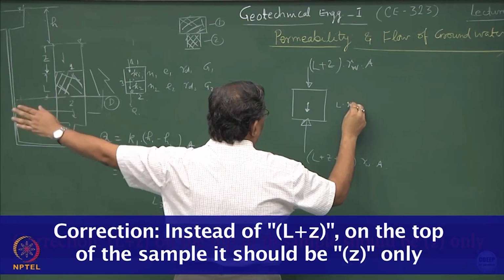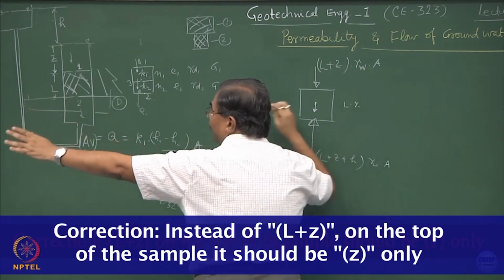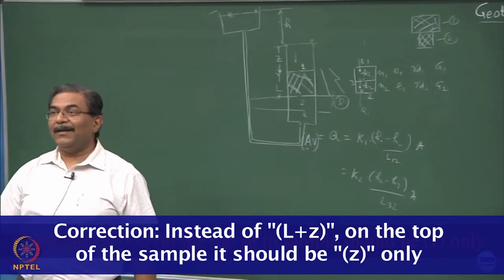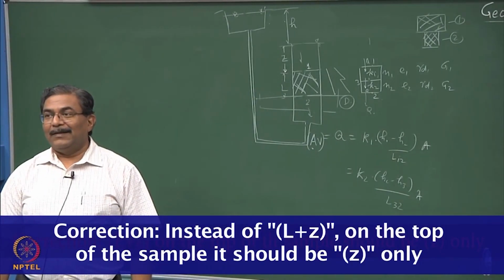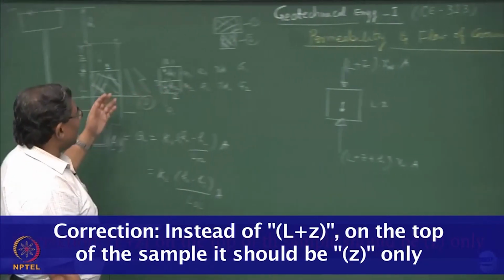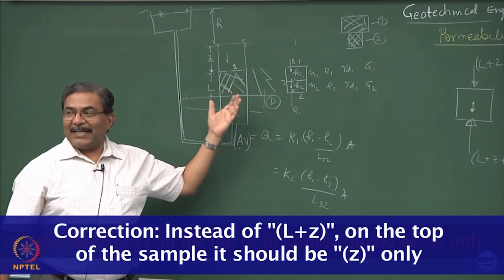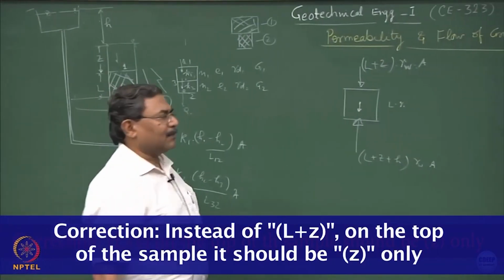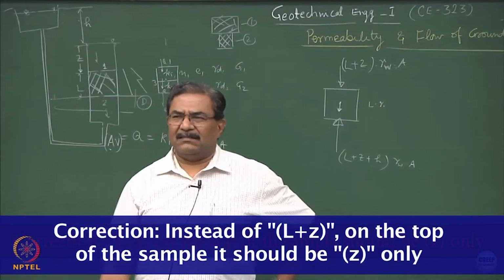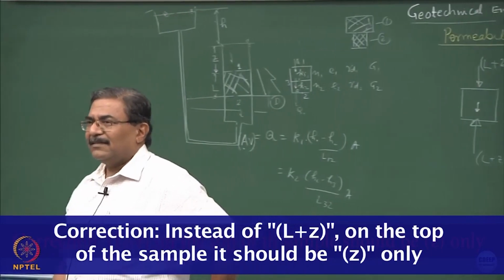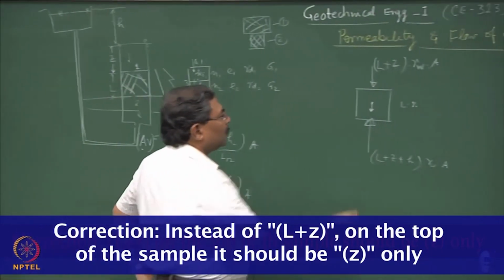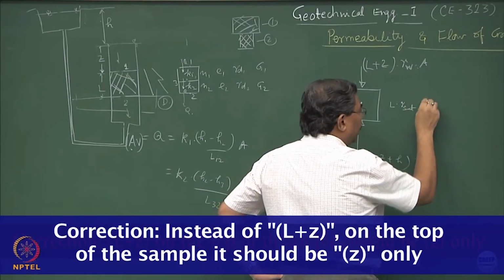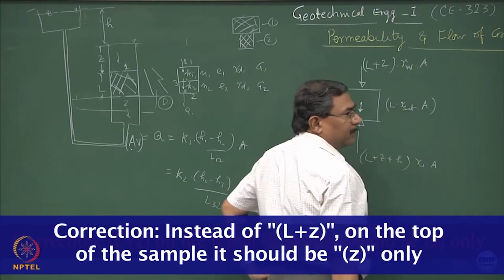What type of gamma? Gamma dry? The whole thing is put in a steady state condition. How can this be dry? Yes, do not make these mistakes. These are basics, alright. So, gamma saturated and A. Nice. Are you happy with this?